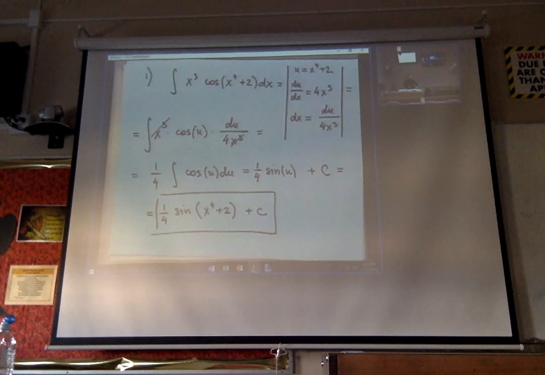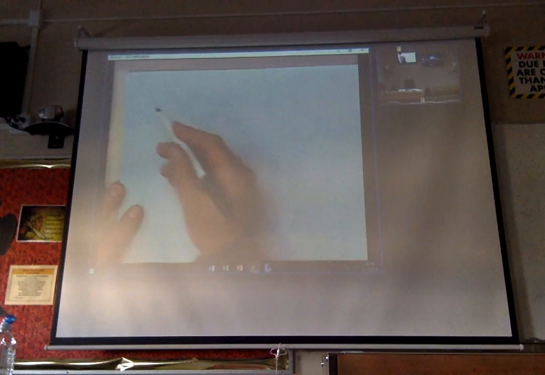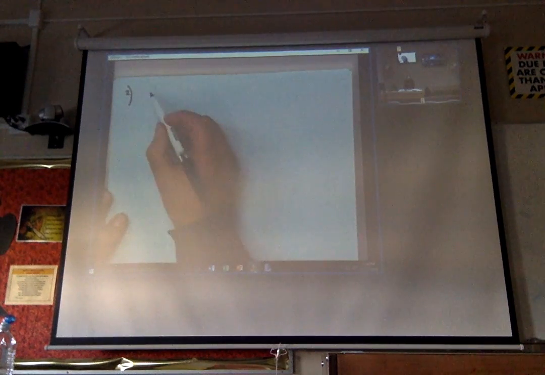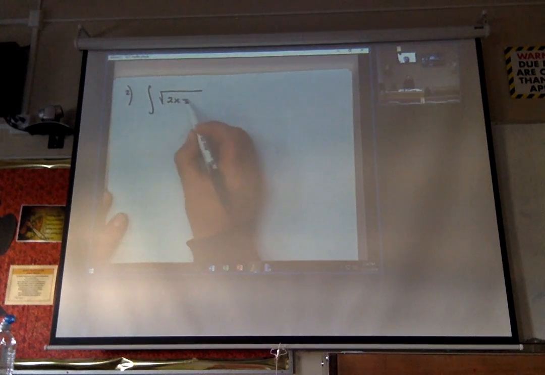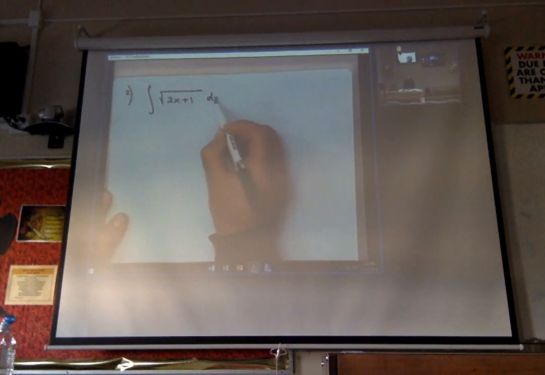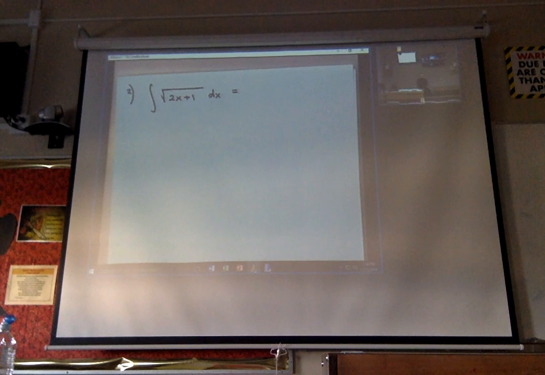Alright, so let's try another one. I know it's not enough, so we'll work more examples. So we have the integral of square root of 2x plus 1 dx. If I had just square root of x, it's straightforward: change it to x to the 1 over 2 and go with the antiderivative.